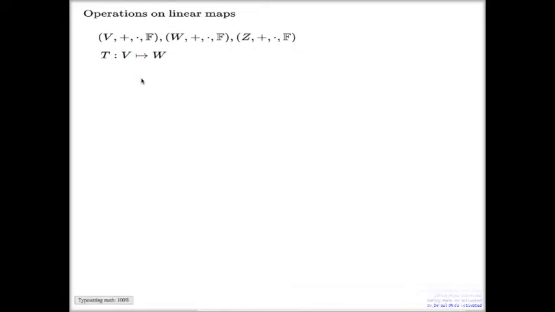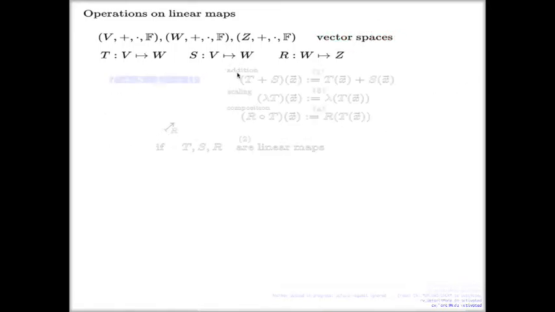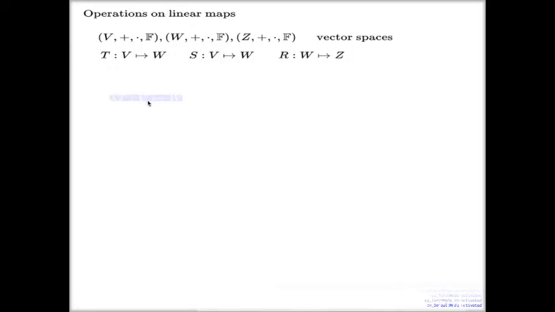I'll assume that I have three maps. I'm going to call them T, S, and R, like this. So these are vector spaces. These are maps. There are three operations which you apply very often to maps or linear maps, to any maps, not necessarily linear maps. That's why I didn't say that T, S, and R are linear.